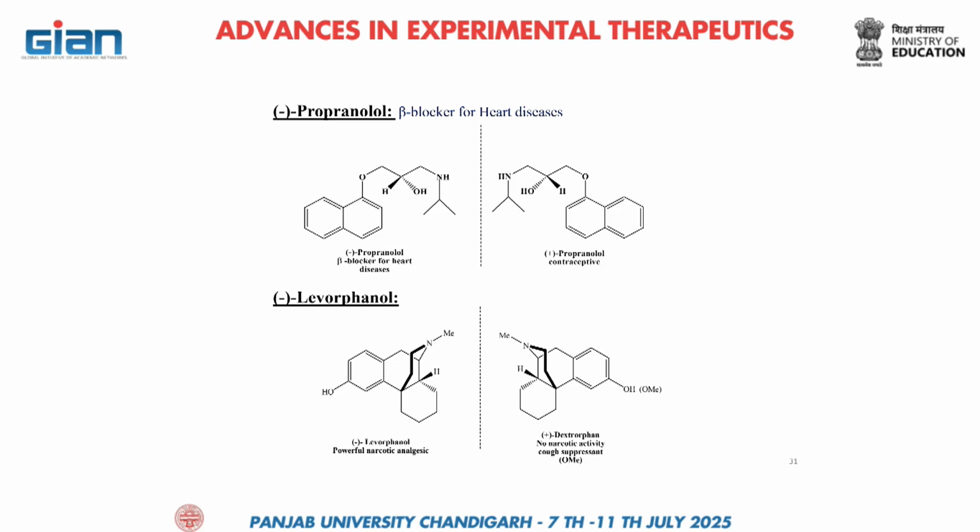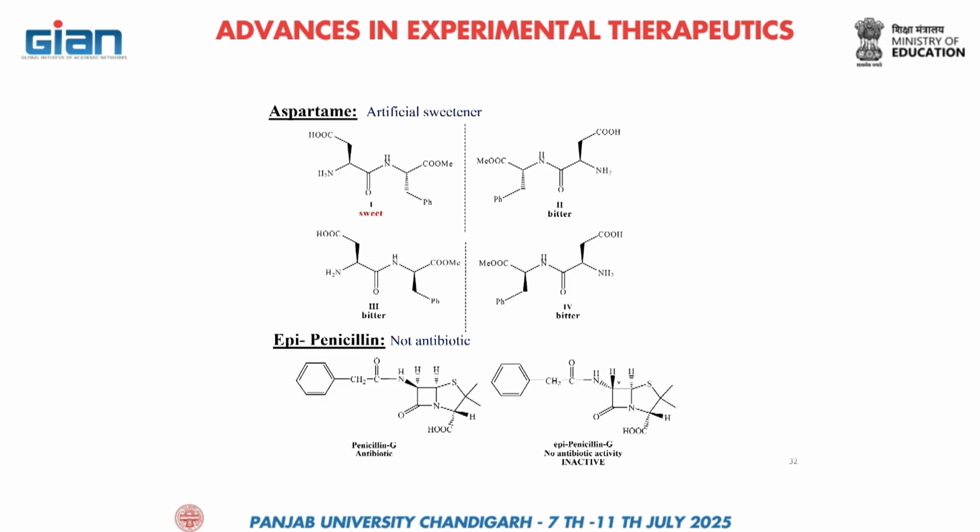In the first molecule, that is a beta blocker for heart diseases, the second is a contraceptive. Below, you see, one has no narcotic activity, the other is showing narcotic activity. Now these molecules differ only in the arrangement. If you see the example of aspartame, you have 4 different types of enantiomers and diastereomers possible, but out of these 4 only one is sweet.